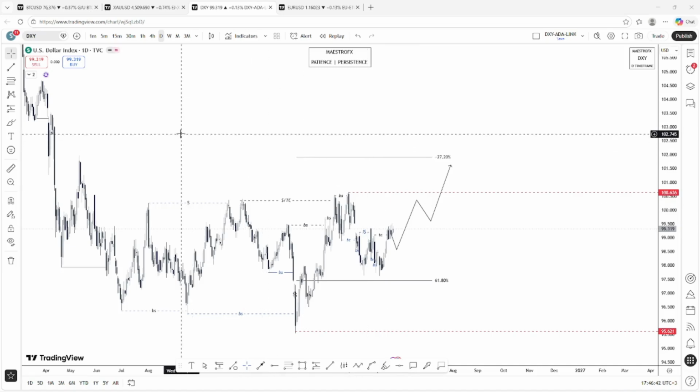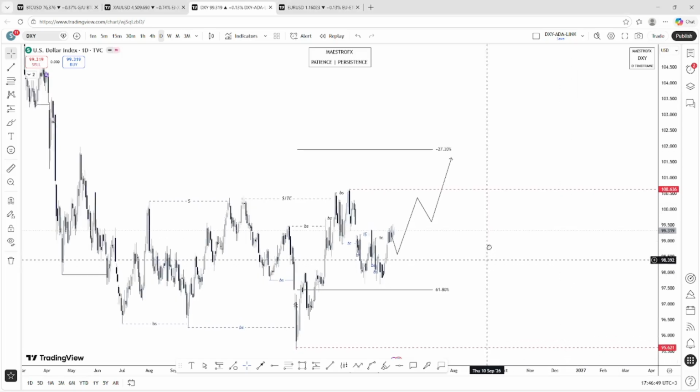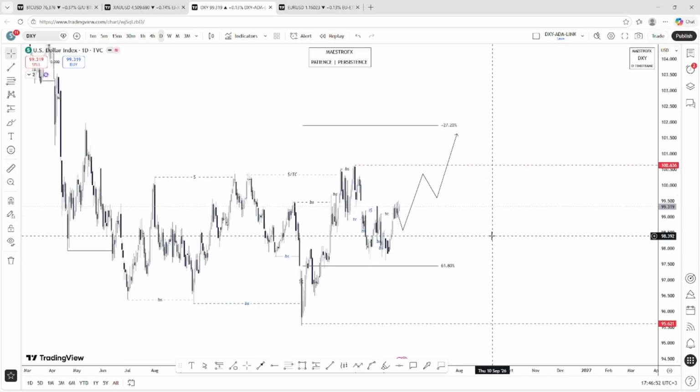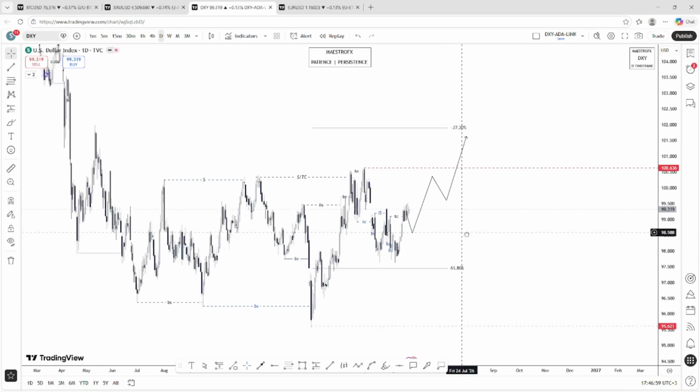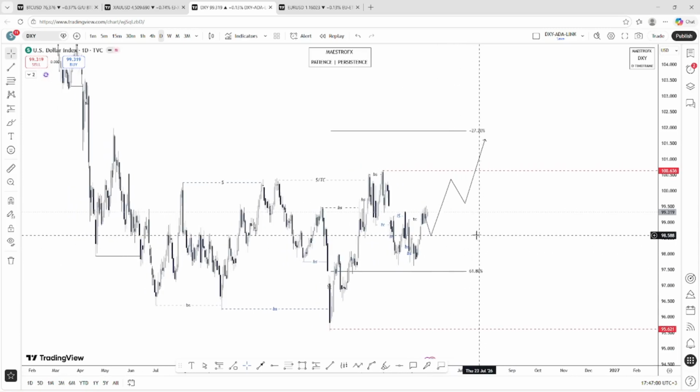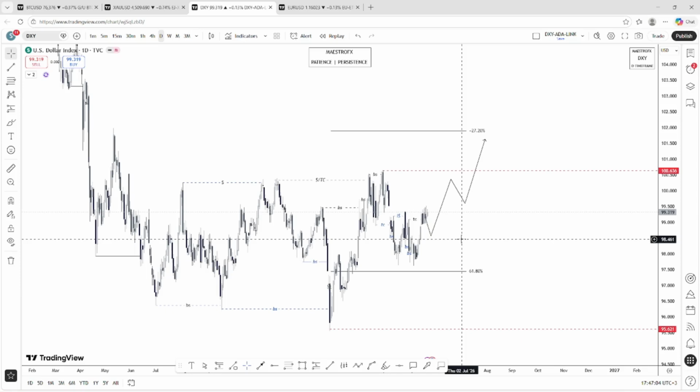Yes, as usual, we'll be starting with DXY. This is the dollar index, specifically the US dollar index, and it shows us where the dollar will be trading. As usual, we'll be doing top-down analysis, and today we are starting from the daily time frame.